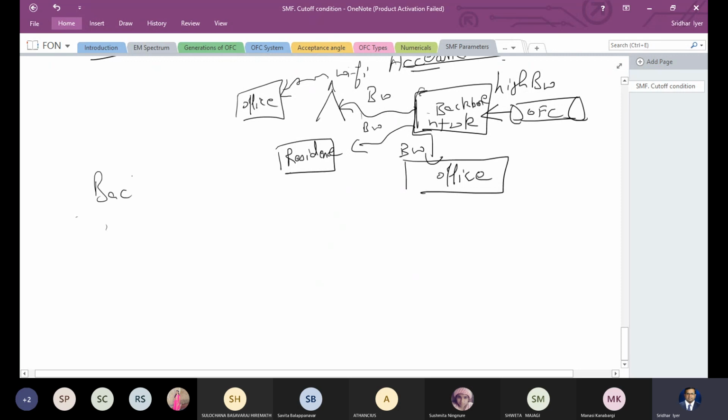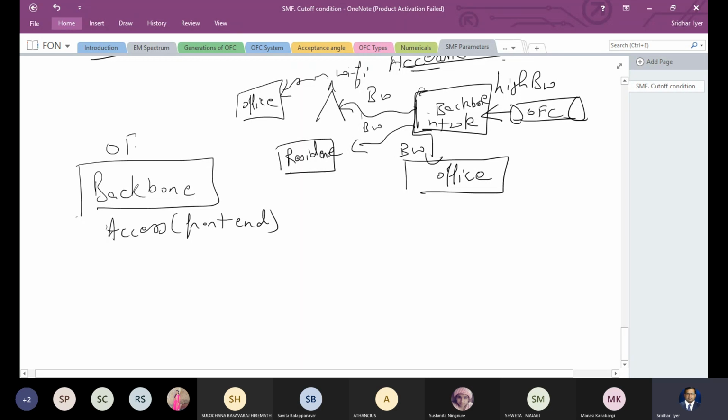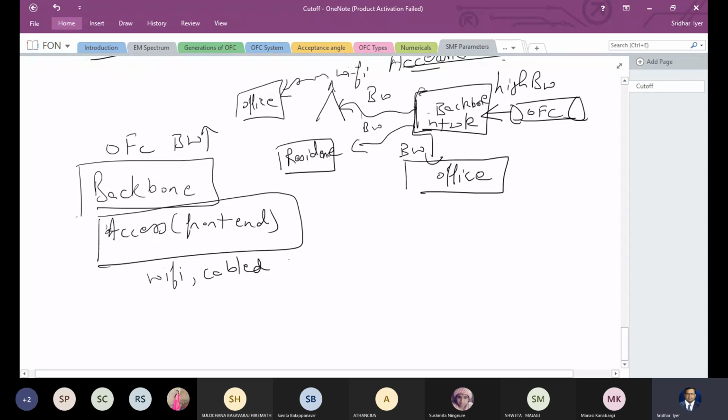So you basically have a backbone network, and you have an access network, which is also known as the front end network, right? So this backbone is always going to be the OFC, because it gives us very high bandwidth. And the front end or the access, this could be Wi-Fi, or this could be cabled also, right?